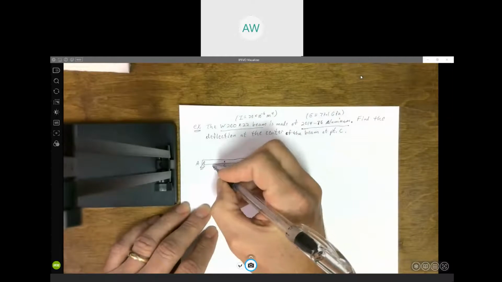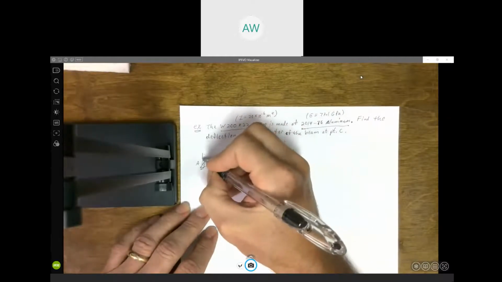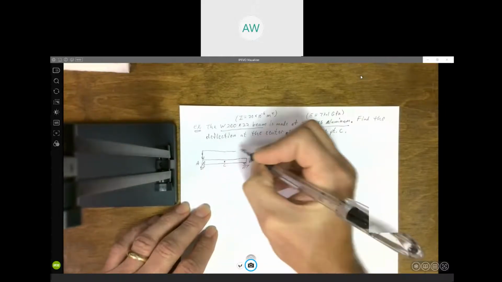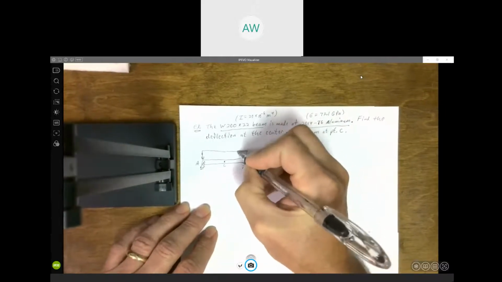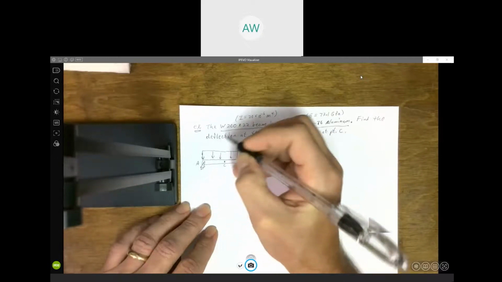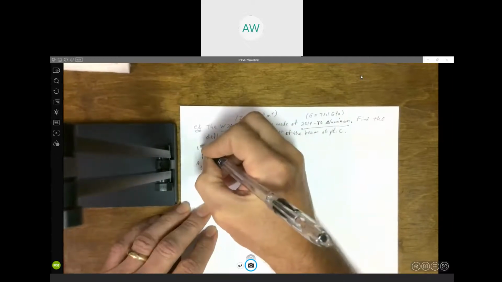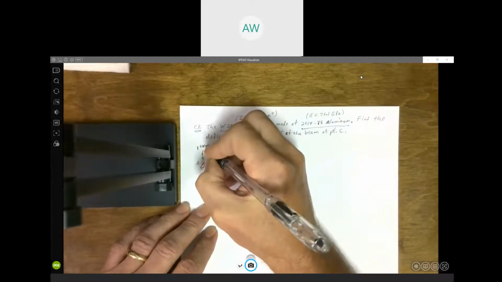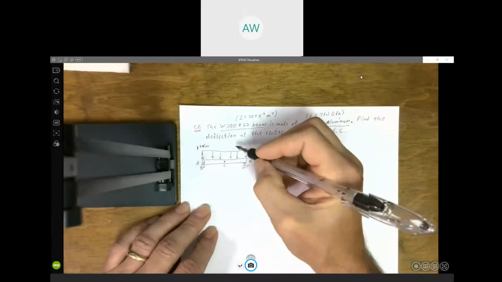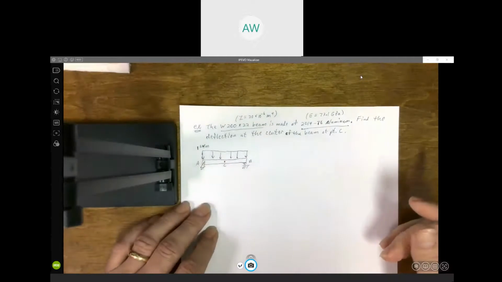And this is a distributed load, constant, goes the entire length of the beam, and it is 1 kilonewton per meter. So mine kind of looks like it slopes down there, but it's because I can't draw a straight line.